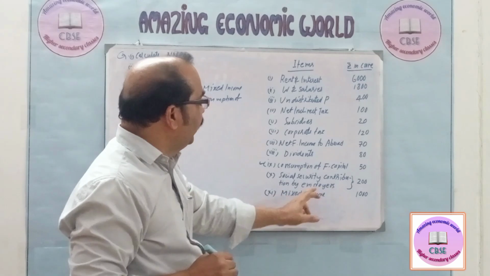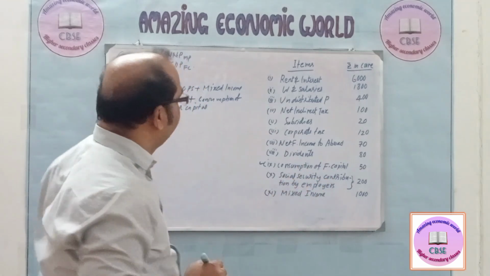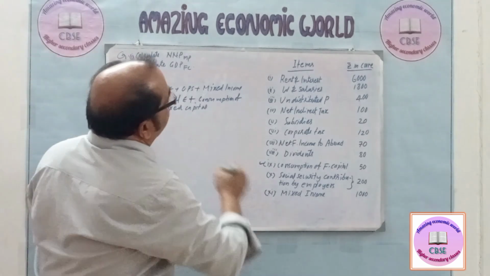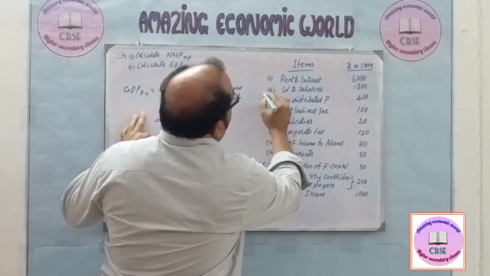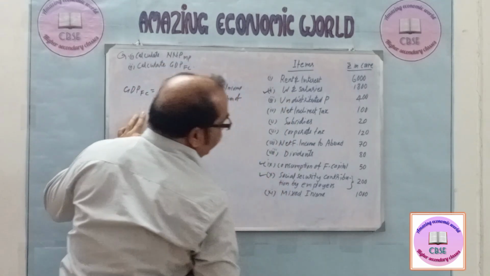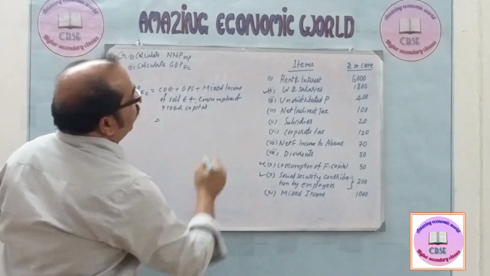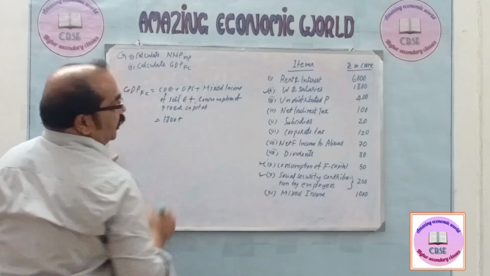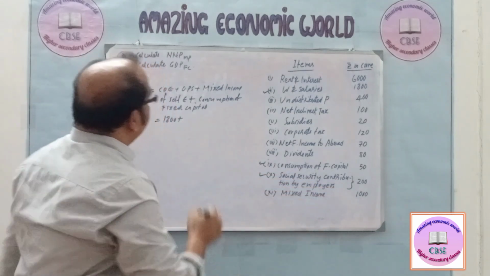We have to consider only social security contribution by employers. So what items do we need? Wages and salaries, social security contribution by employers. First we take this side: 1,800 plus social security contribution. What is the amount? 200.